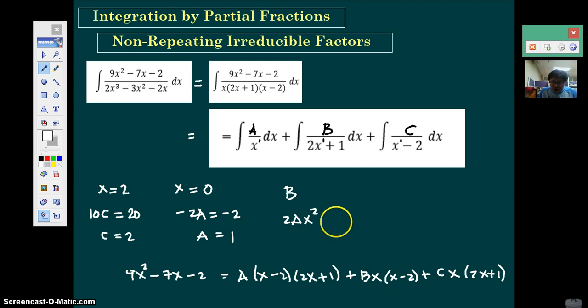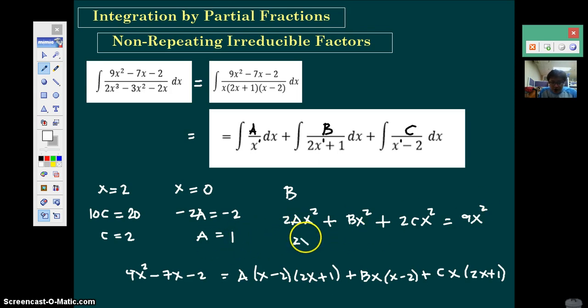Here in this term, a term that will have an x squared is Bx squared. And here, a term that will have an x squared is this time 2x times Cx, that's 2Cx squared. And of course, it's equal to the only term in the left side which has an x squared, which is 9x squared. And it's no problem now because we have the values of A and C.